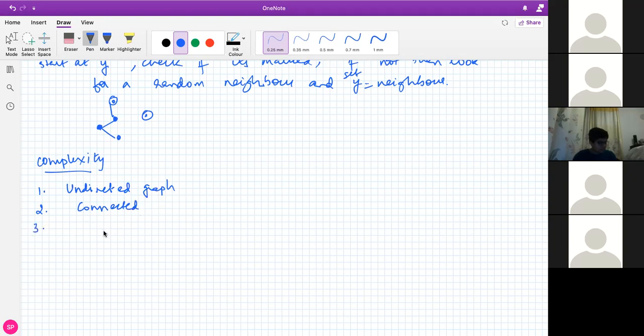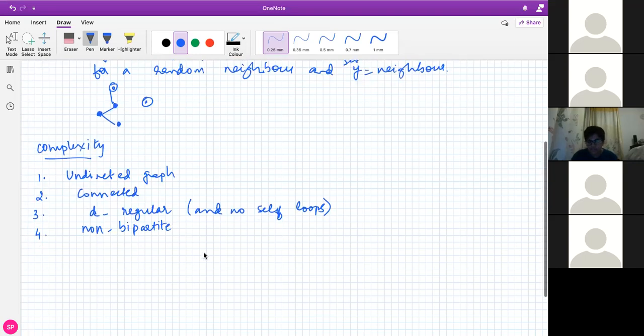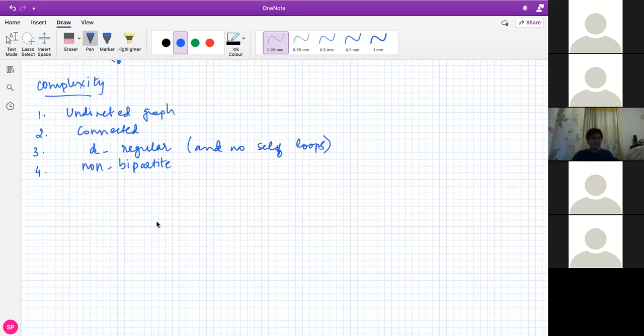We also assume that it is d-regular, which means every vertex has exactly d neighbors, and no self loops. And fourth, we assume it's non-bipartite. We will see why these properties are important to assume in a short while.